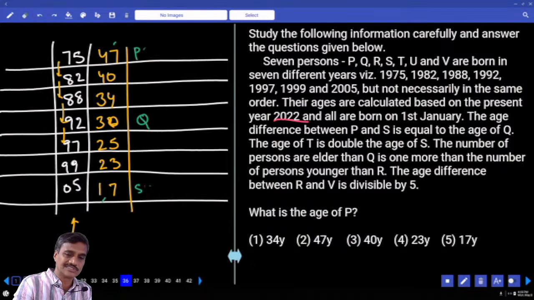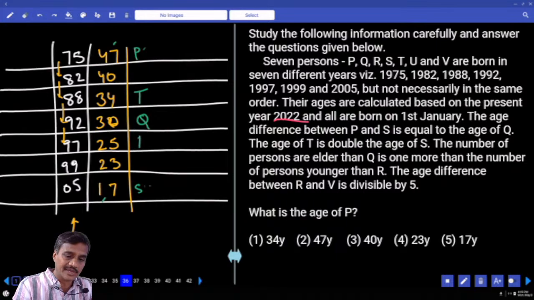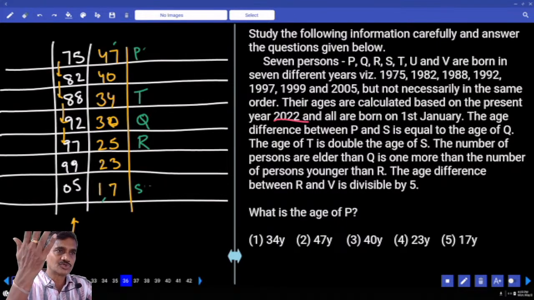Now T's age is double that of this one, T is 34 years. The number of persons elder to Q, how many? 3. That is one more than the number of persons younger than R. Now younger than R, there must be exactly how many? 2 people. Above Q, 3; below R, 2; 1 lesser.